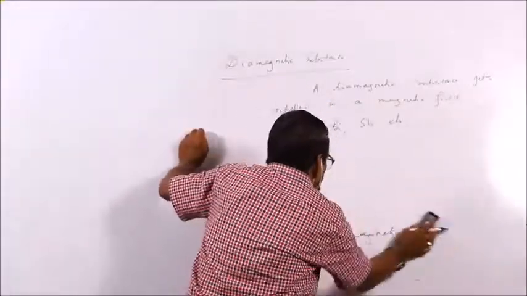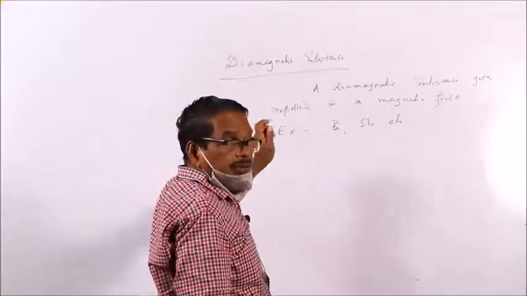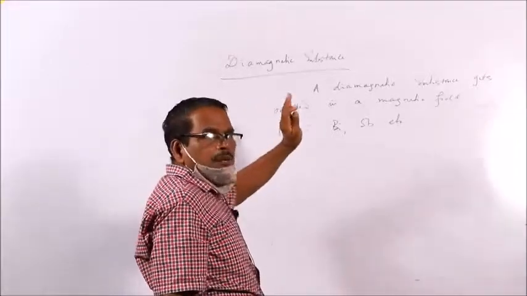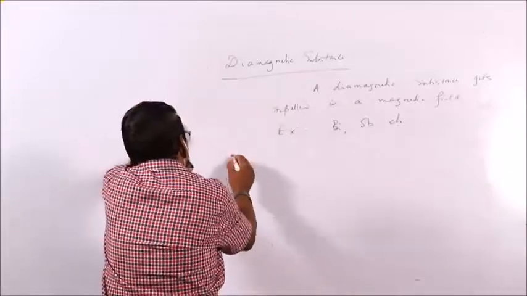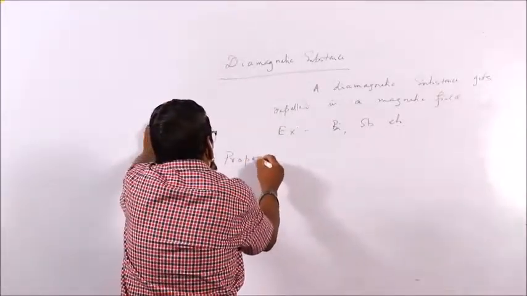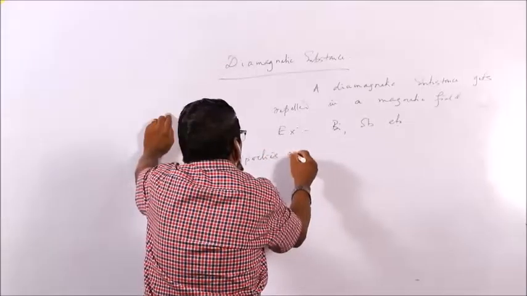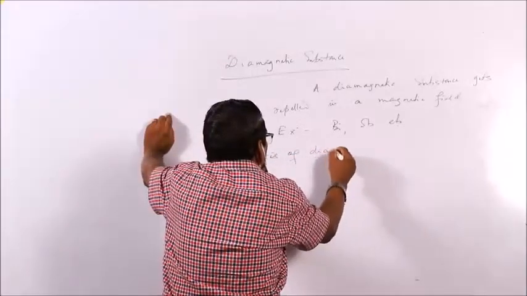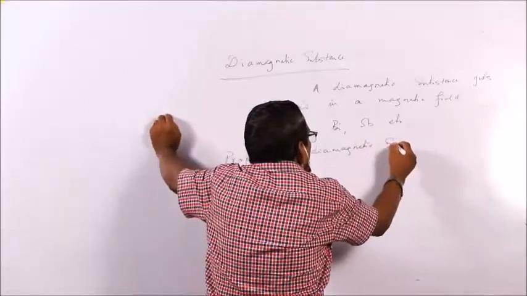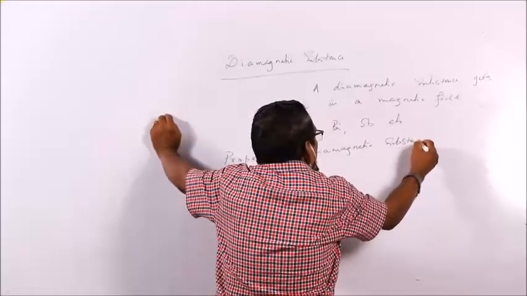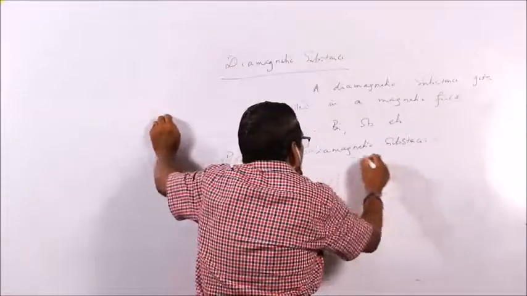There are some 8 to 9 properties. We will discuss the properties one by one. These are important for long question and also for short questions. Properties of diamagnetic substance. What are the different properties of a diamagnetic substance?